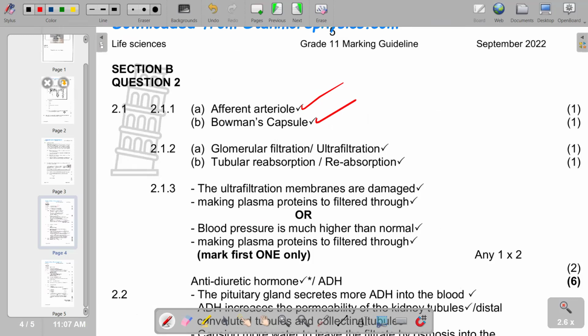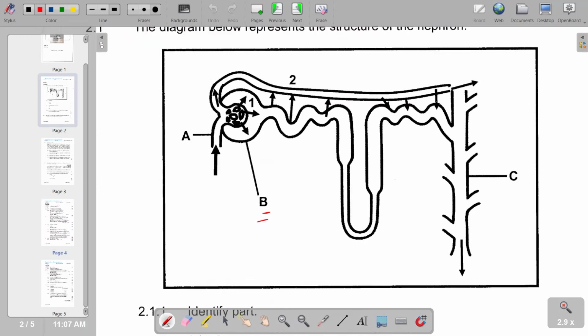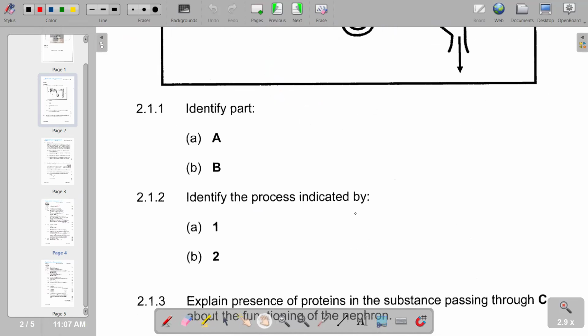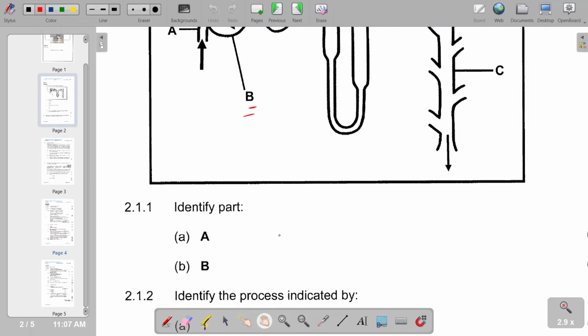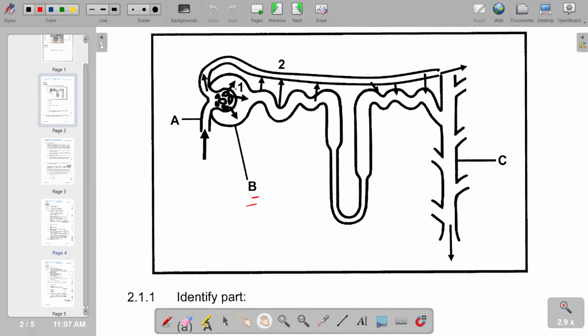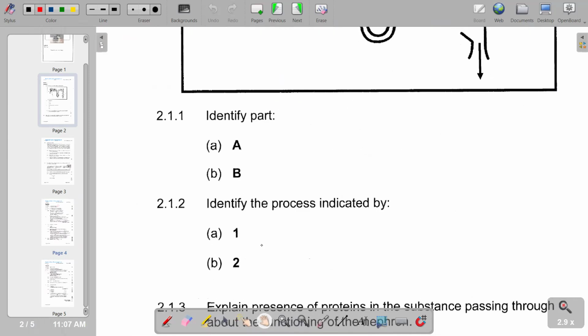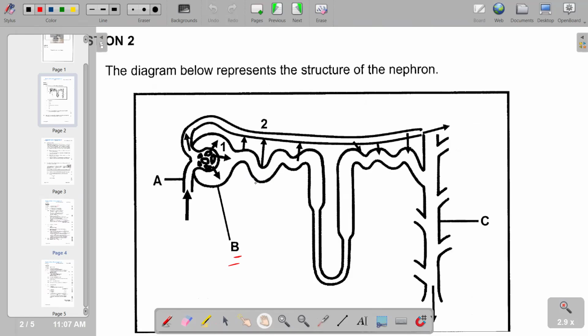Then we move on to the next part, which is now our question 2.1.2. Identify the process indicated by 1 and by 2. We have got a 1 that we have here, and of course we have 2 indicated here.